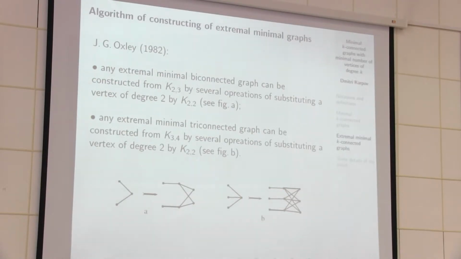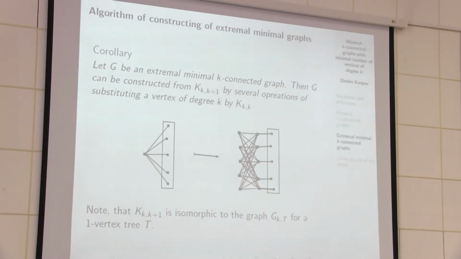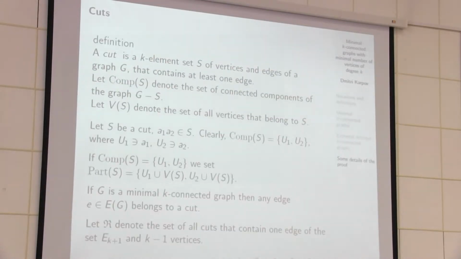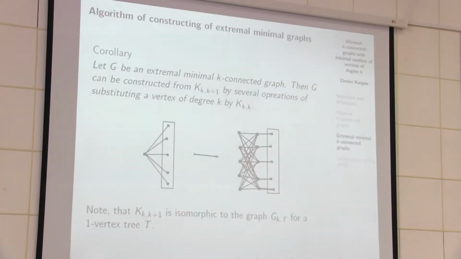Of course, here we start from K_{3,4}. From our theorem, it can be derived from this method that the graph has the type described in our theorem. But of course, these facts are equivalent. We can derive such an algorithm for every k. It's very simple.